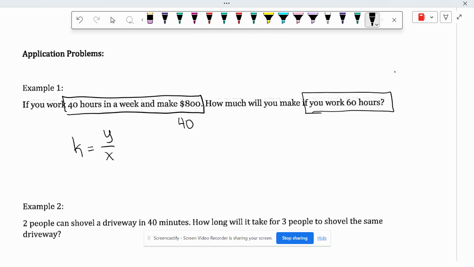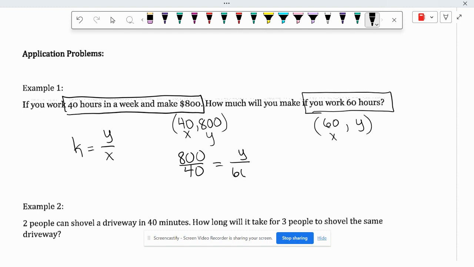If I work 40 hours, I make $800. That's my first x and y pair. If I work 60 hours, I make how much money? I don't know. That's my second x and y pair. So 800 over 40 equals y over 60.